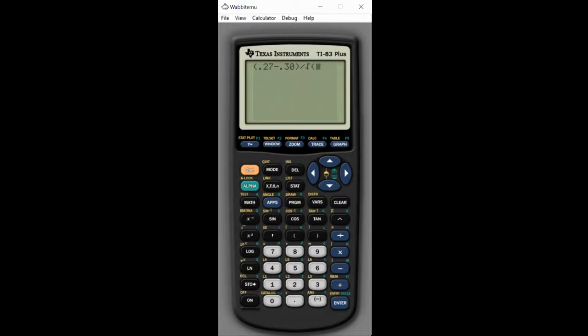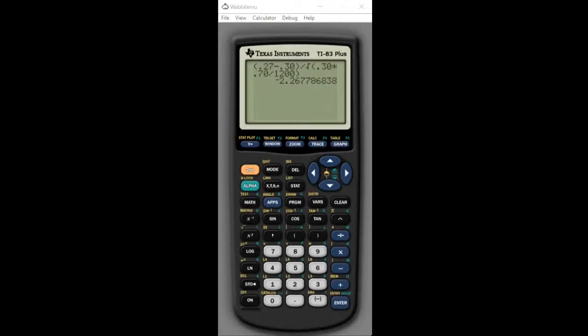Square root of 0.30 times 0.70 over 1,200. Close my parentheses and hit enter. And here I'm coming up with a negative 2.27. So negative 2.27. Okay.